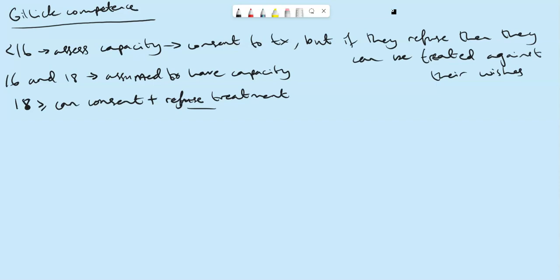Now let's talk about Jehovah's Witnesses. Jehovah's Witnesses are simply a particular sect of Christians that refuse to have blood products because it's against their religious beliefs.